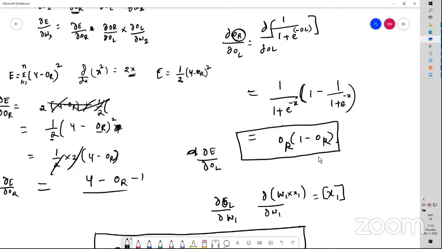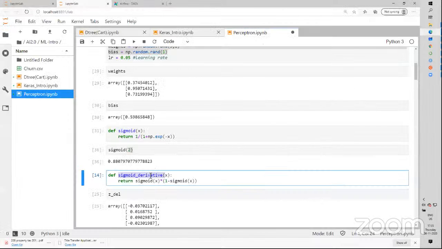This is the derivative of the sigmoid function 1 by 1 plus e to the power of minus x. If we consider all of this as y, it is y into 1 minus y. So we define sigmoid derivative of x, whatever the input, as x into 1 minus x.